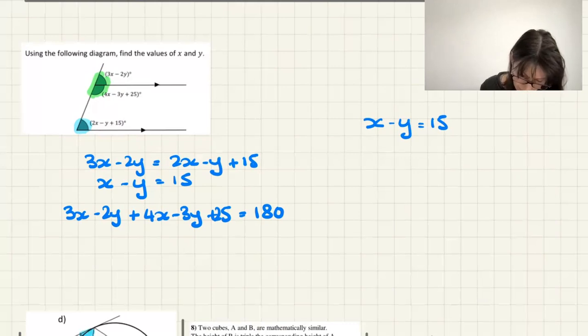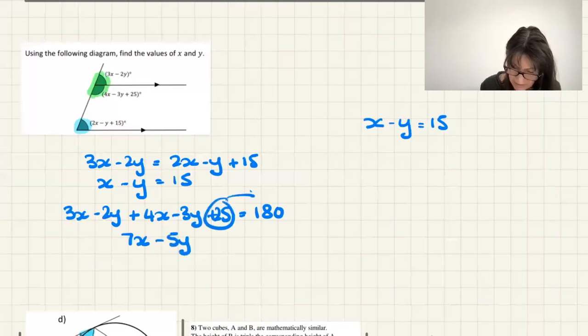So 3x plus 4x is 7x. Minus 2 minus 3 is minus 5y. Get that plus 25 over to the numerical side, take it off the 180, and I get 155. So that is my second equation: 7x minus 5y equals 155.